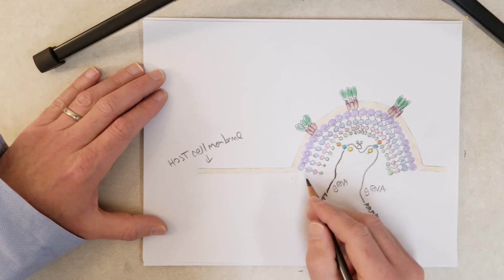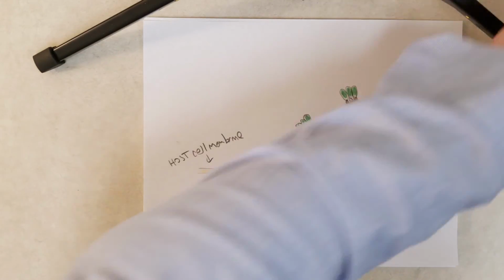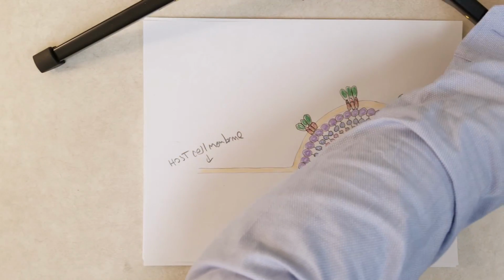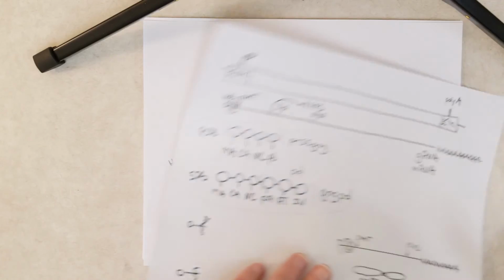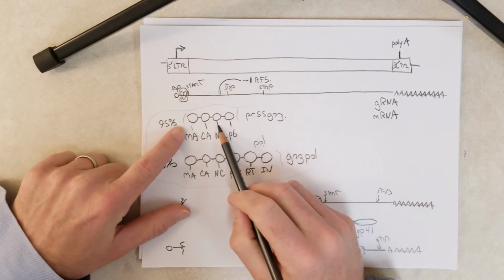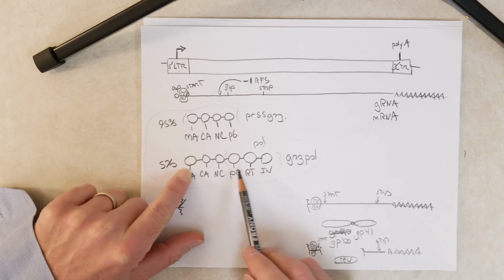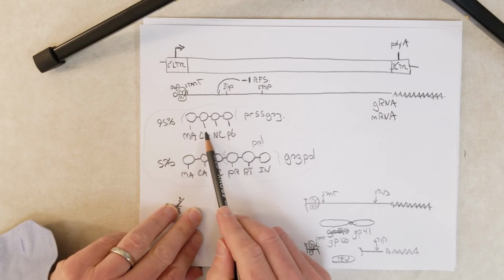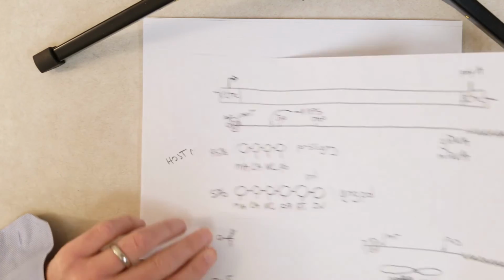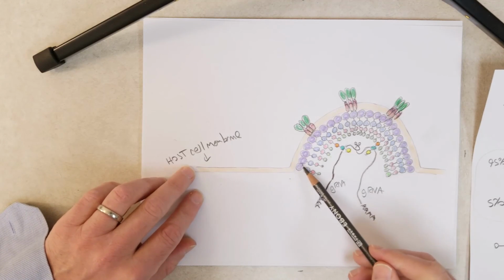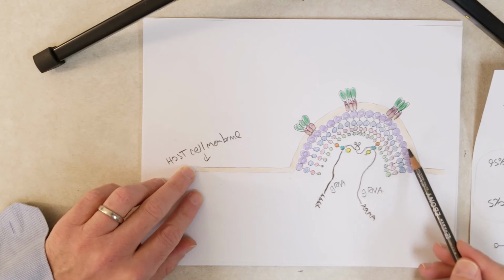So we talked about those polyproteins before, right? So let me show you. Right, so this is the GAG polyprotein. This is the GAG-POL polyprotein. 95% are going to be like this. 5% are like this. So these go to the membrane, and they look something like this.